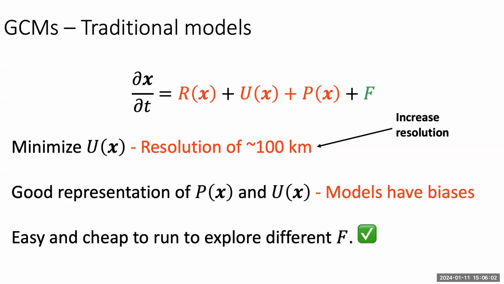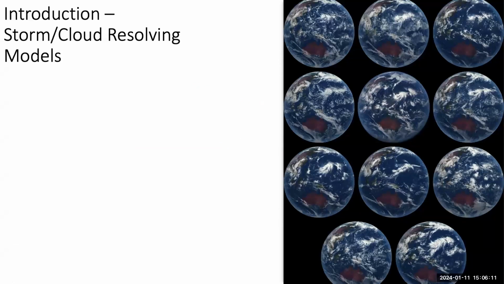In this talk, I'm going to focus on what happens when we increase the resolution. This is what we call a global storm resolving or cloud resolving model. The picture I'm showing here is an OLR picture from 10 different DYAMOND models, and one of them is from observations.